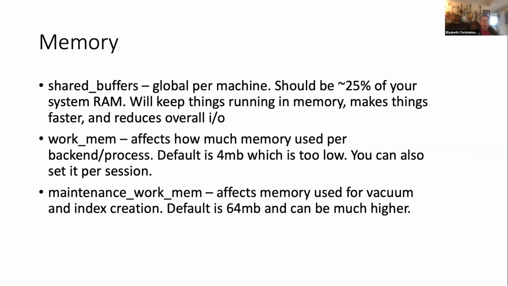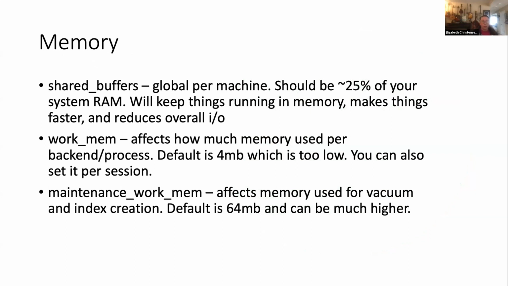When you're tuning, you'll hear a lot of people talk about tuning, and there are some tools available if you go looking on the internet. This is a general guide, but if you've got an 8 GB production machine, your shared buffers are going to be about 2 gigs. Generally, the shared buffers that Postgres gives you by default is lower than this, and it's too low.